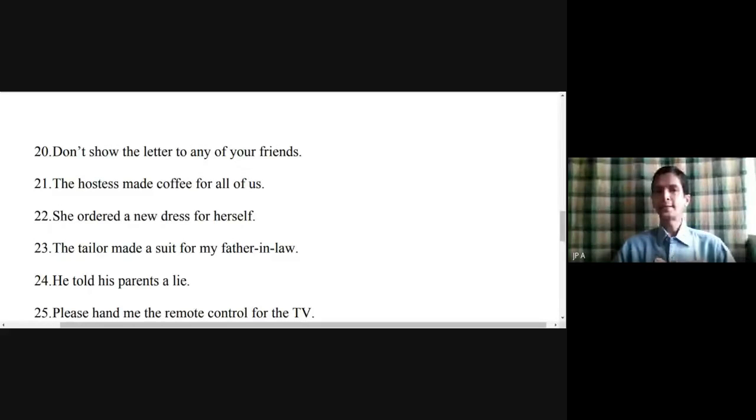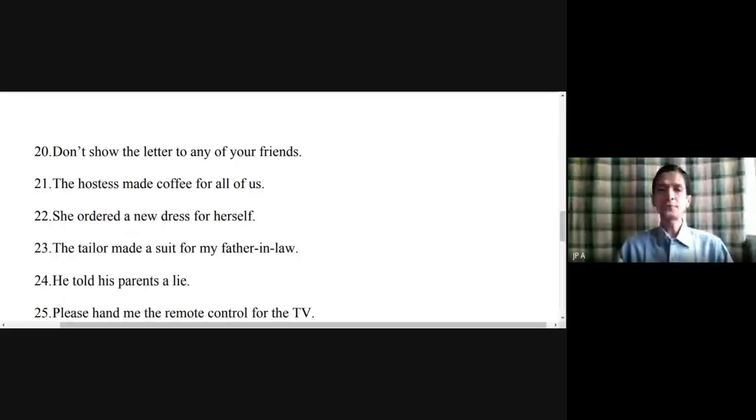Any is a determiner. Of എന്ന് പറയുന്നത് preposition ആണ്. Your എന്ന് പറയുന്നത് ഒരു pronoun ആണ്. Friends എന്ന് പറയുന്നത് noun ആണ്. So all these 4 words together form the indirect object. So to whom or for whom? The answer is any of your friends. So any of your friends is the indirect object. Very good. Yes, the answer is correct.